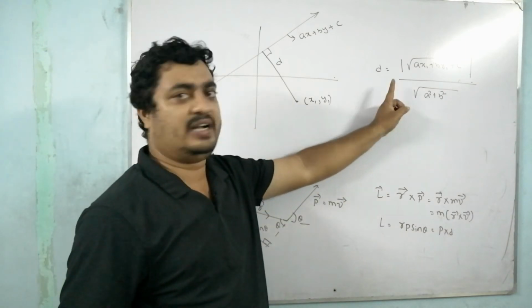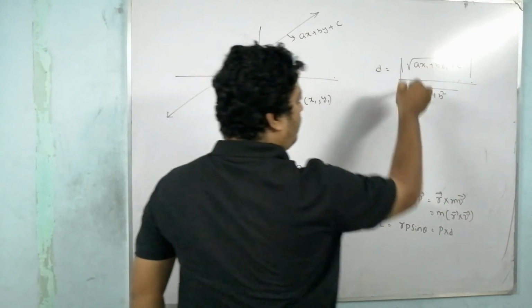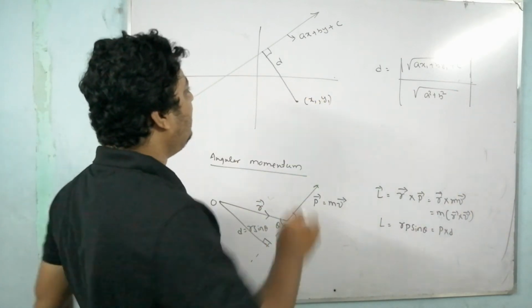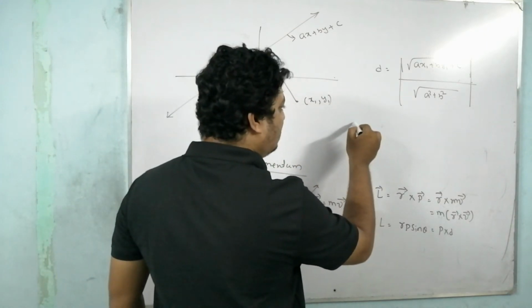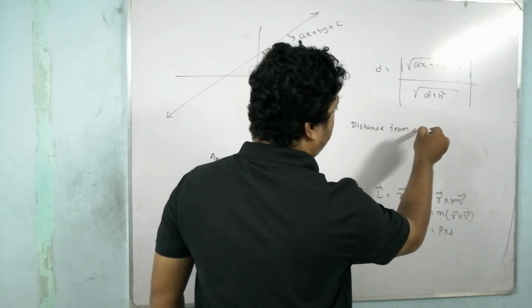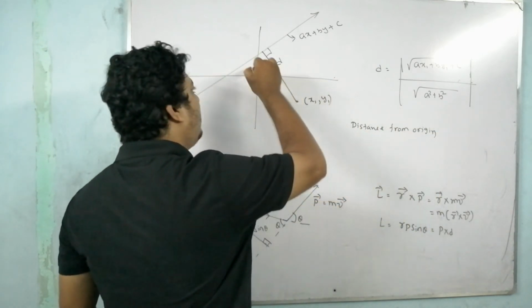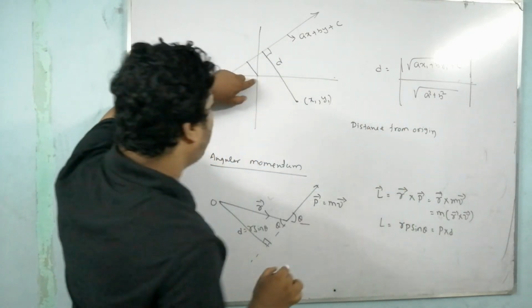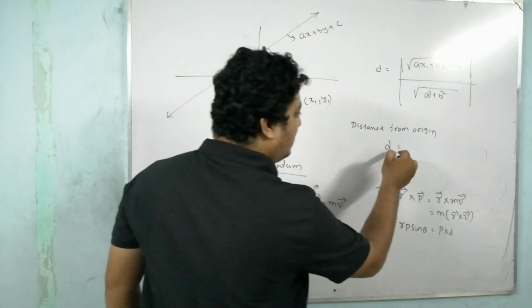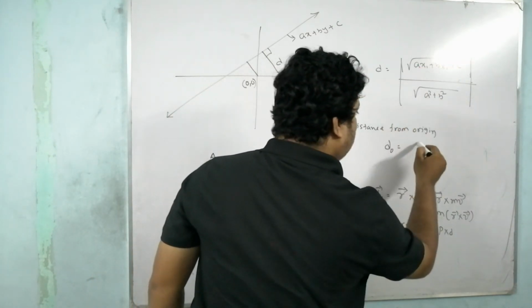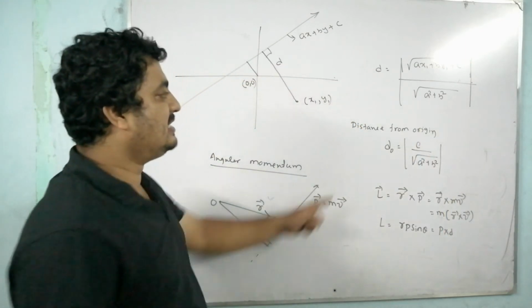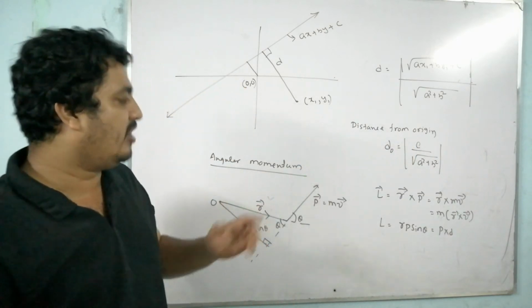This is the value of d. Or you can take the total magnitude, no problem. If we measure the distance from the origin, the coordinates are 0 and 0, so d from the origin becomes c by root over a square plus b square. So this is the formula for the distance of a line from the origin.